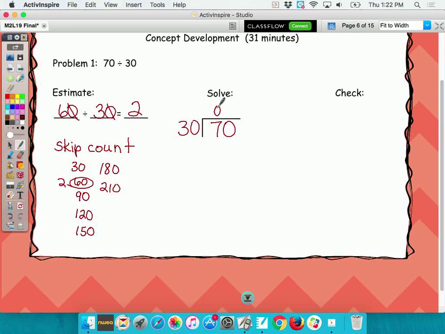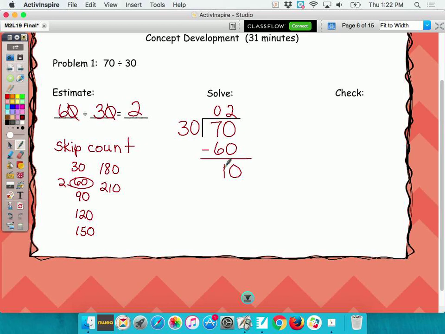No, I cannot. Can I make 30 groups out of the number 70? Yes. How many groups of 30 can I make? 2. Oh, there's that 2. Now, 2 times 30 is, which you know right here. So you don't even have to think about it, do you? And then subtract.